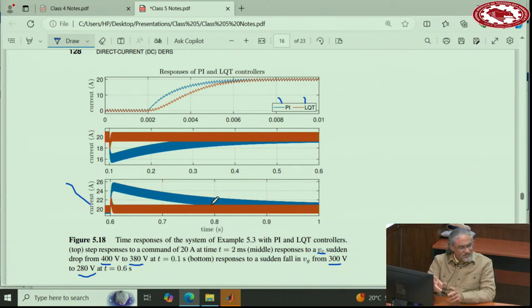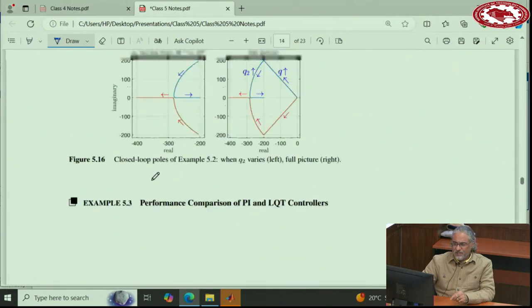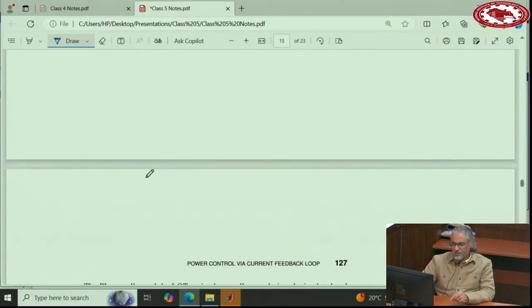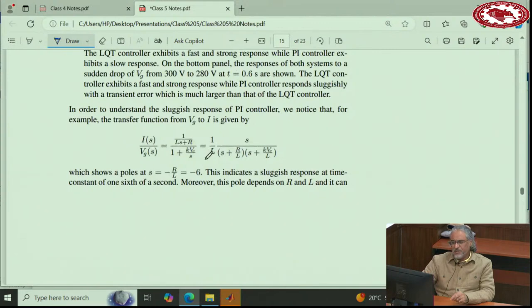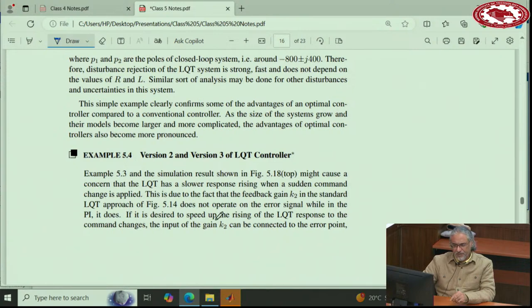I have given an explanation of why this happens, in case you want to know why. I'm not going to explain it in class, but the explanation is there. Go ahead and read this couple of pages here. It's not long. It's basically this page here. So go and read why this happens, this one and this one.